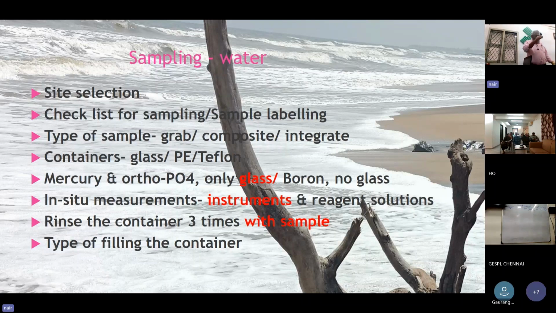Then how to collect the sample? Rinse the container 3 times with the sample. Suppose you are collecting sample in a plastic can. If it is a new one, okay, you will wash it. But again, you have to rinse the container 3 times with the sample you are going to collect.